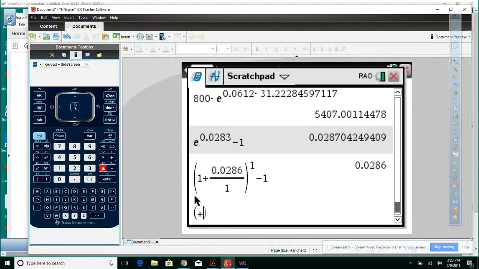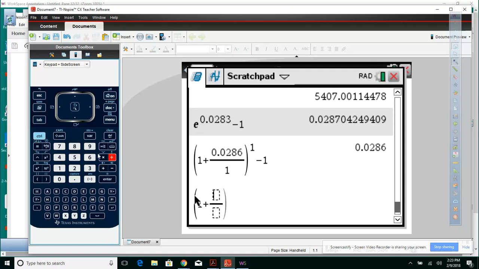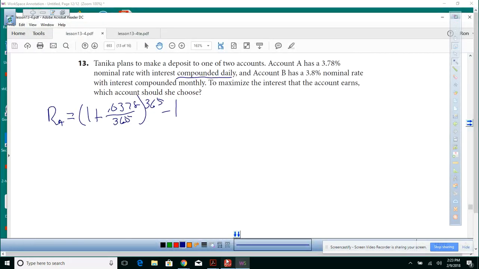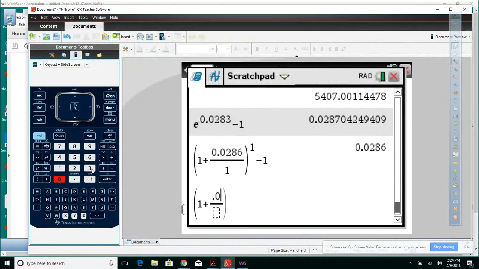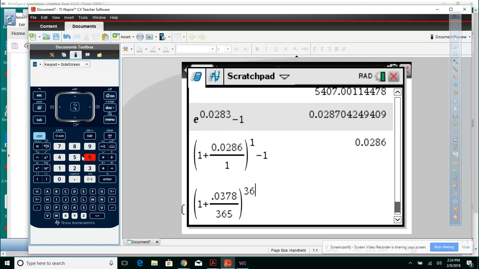Open parentheses, 1. It's hard to find good help, folks. Sorry about that. Control divide, and we got 0.0378 over 365, caret 365, minus 1.